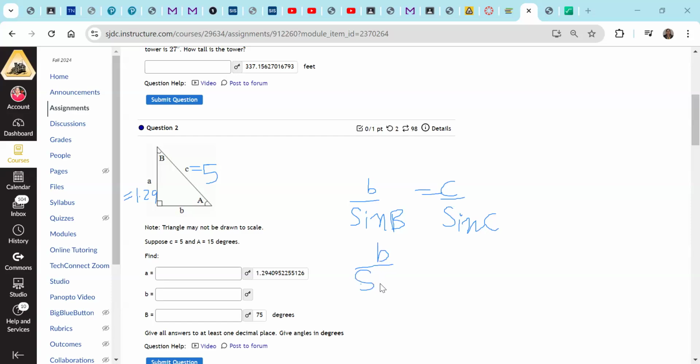So we're going to say sine 75. C is 5. Sine C is 90 degrees.